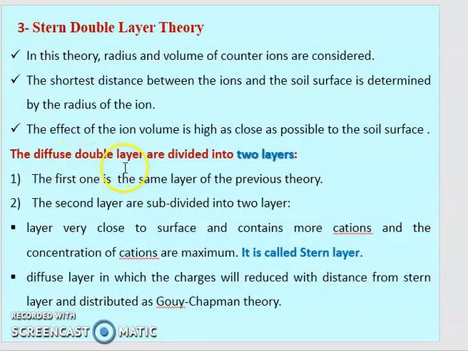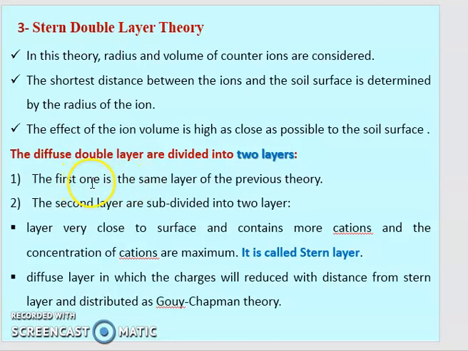The diffuse double layer is divided into two layers in Stern. The first one is the same layer as in the previous theories. We have a double layer. The first one is a negative charge on the solid phase.